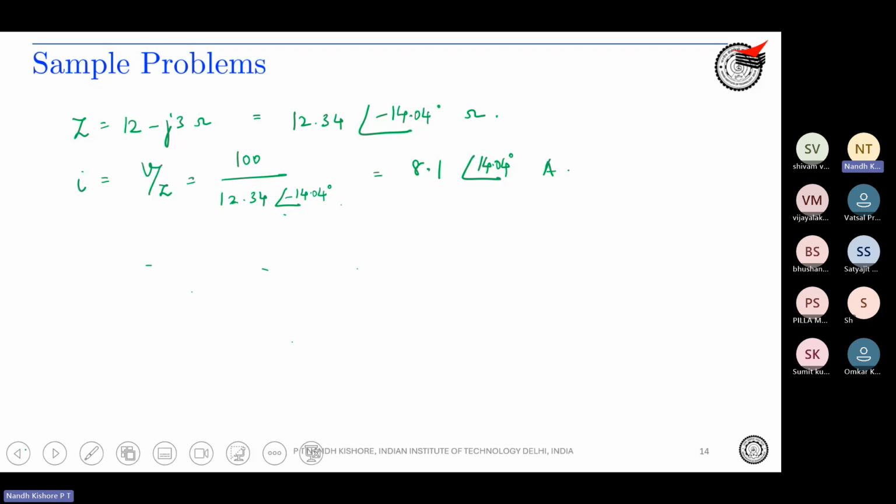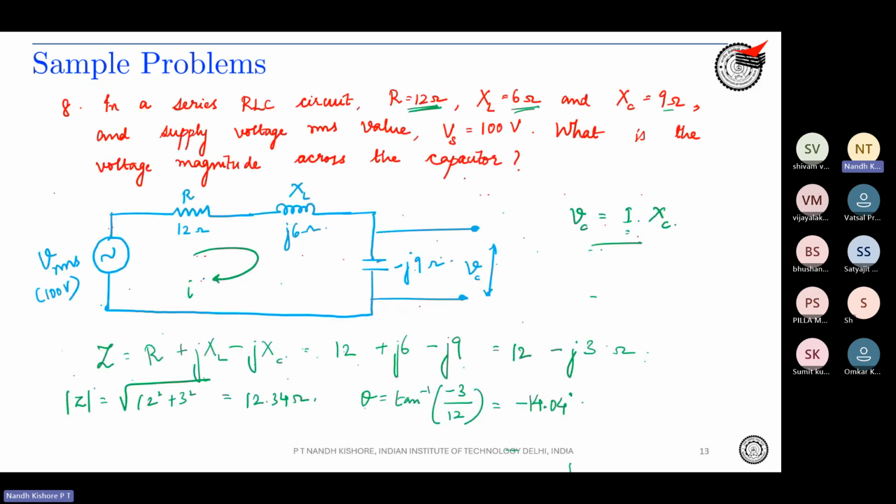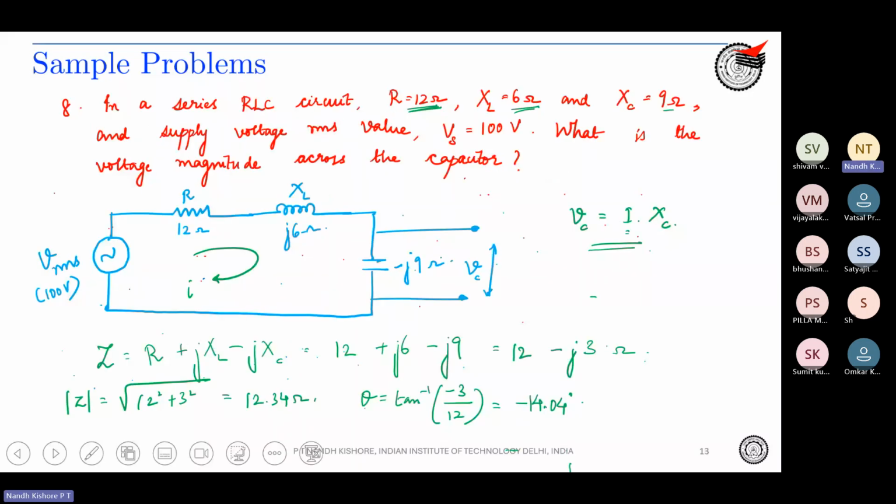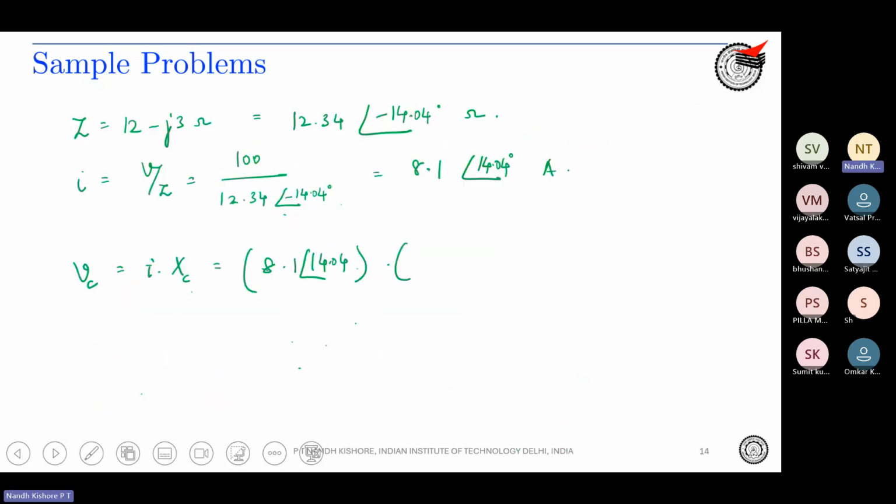So since I know my current, the voltage across the capacitor is basically I into X, right? So VC is equal to I into XC. All right. 8.1 angle 14.04. And what is XC? XC is 9 ohms, right? They just want the magnitude. Okay.